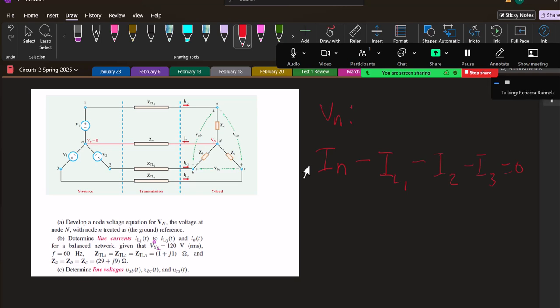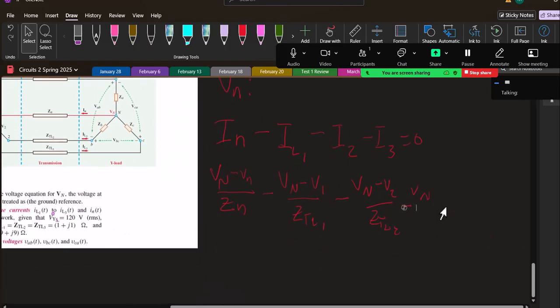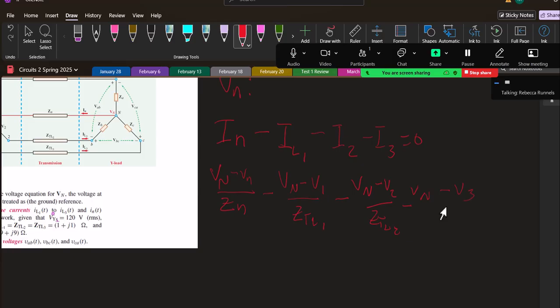Now, if we wanted to, we could write those as V big N minus V little n over Zn minus V big N minus V1 over ZTL1 minus VN minus V2 over ZTL2 minus VN minus V3 over ZTL3 would equal 0.